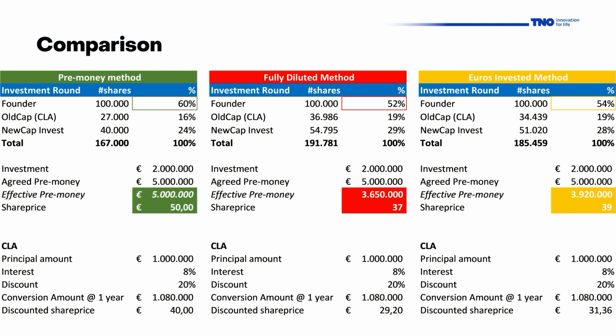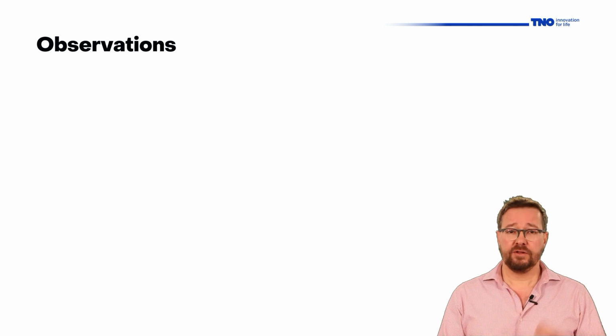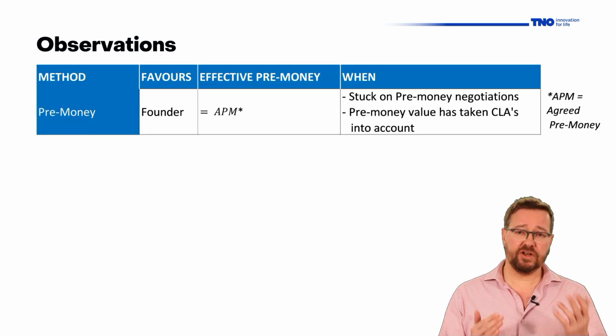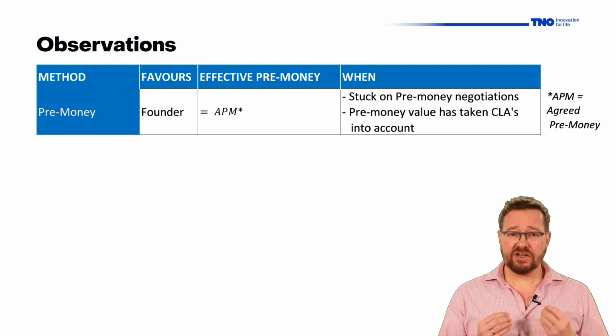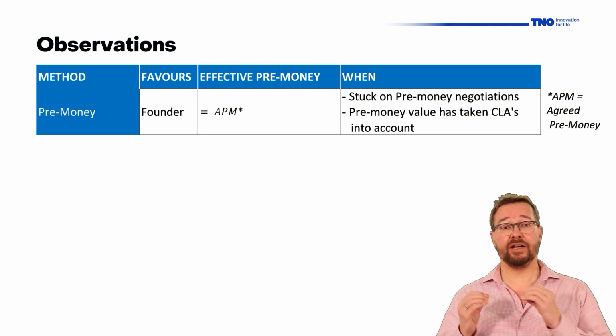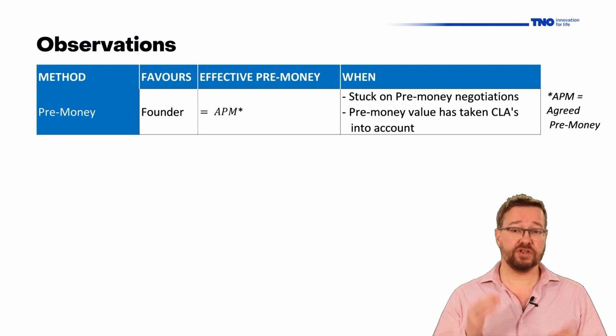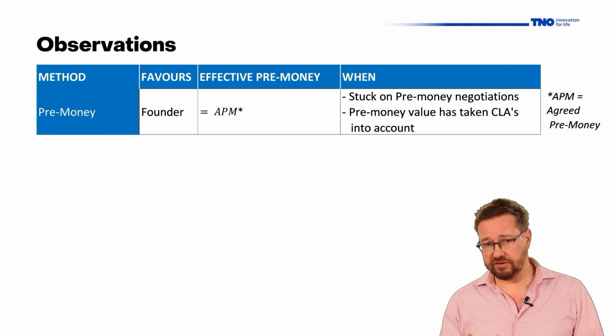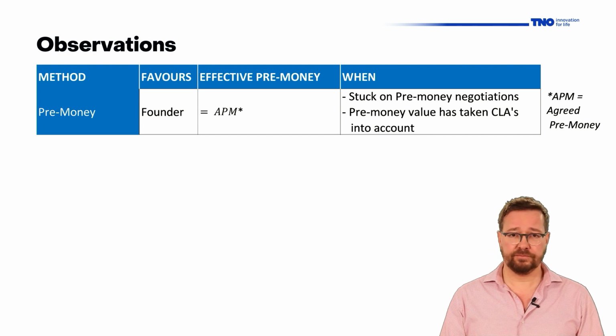So, the question remains which method to use and when. Here are my observations. The pre-money method, which favors the founders the most, makes sense if you truly found a pre-money valuation given the current condition of the company, including the loans or CLAs. It can also be used if negotiations on the pre-money get stuck and you're looking for an alternative method to move forward.